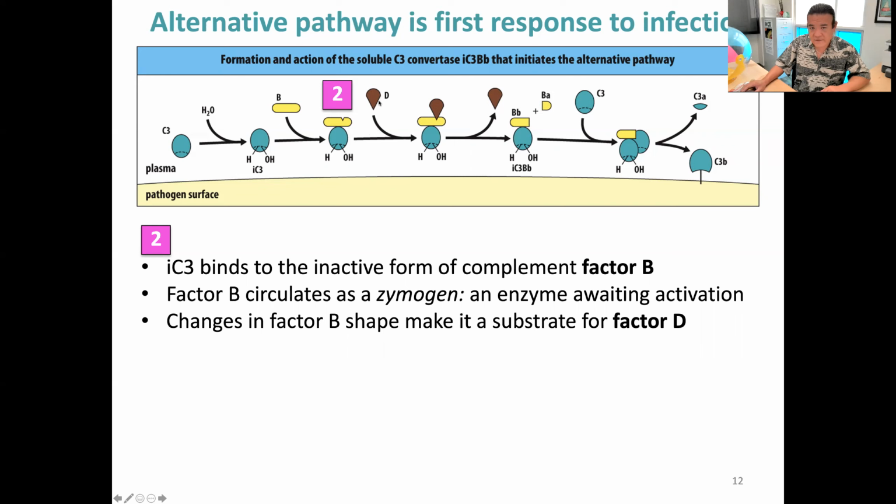That little groove in the factor B is the right shape to attract complement protein D, or factor D. This brown teardrop thing now fits in the activated factor B. And what is factor B? I said factor B is an enzyme. It catalyzes a reaction, makes a reaction go much faster. And in this case, factor B is a proteolytic enzyme.